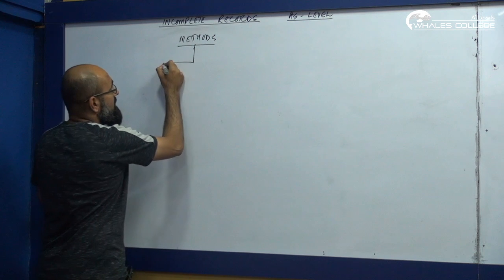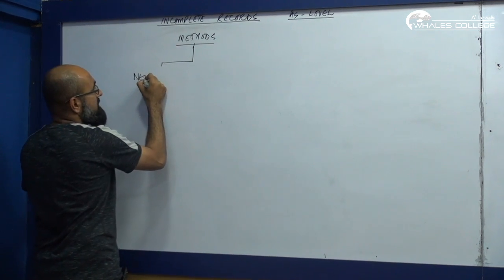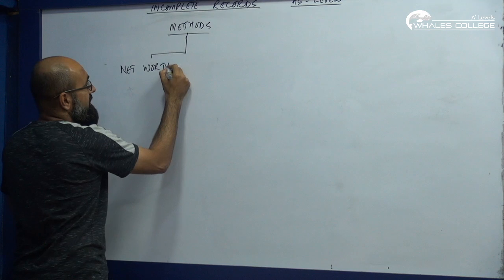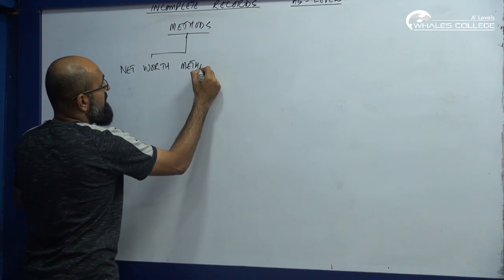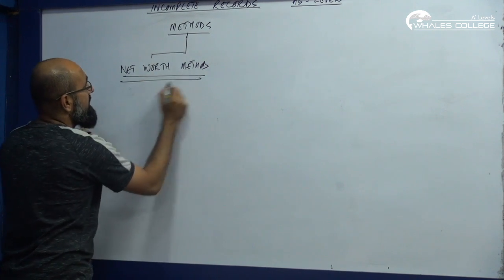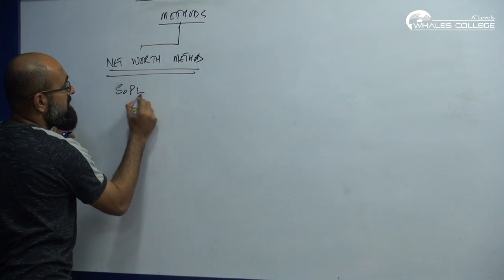Number 1, net worth method. That net worth method requires only one statement, which is a statement of profit or loss.